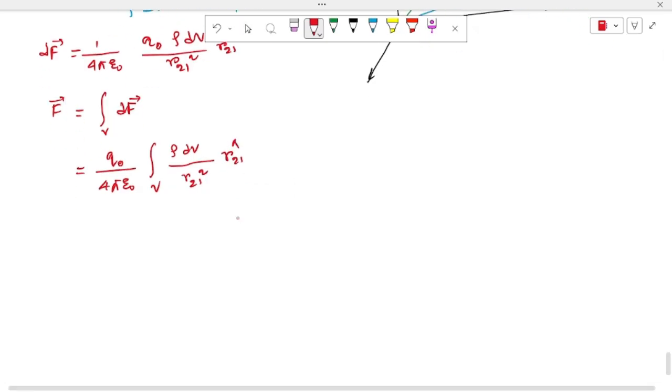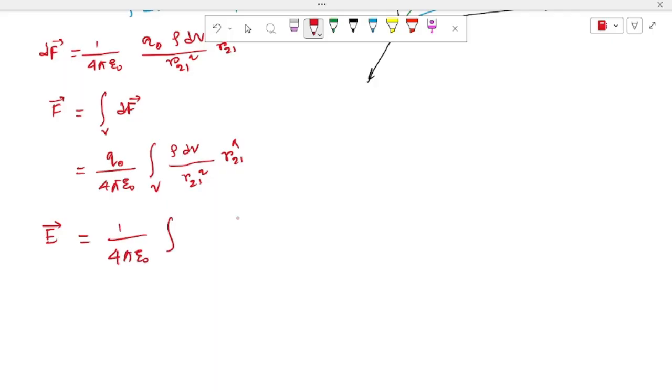So the expression of electric field is equal to 1 by 4 pi epsilon naught integration over the volume V rho dV by r21 square r21 cap.